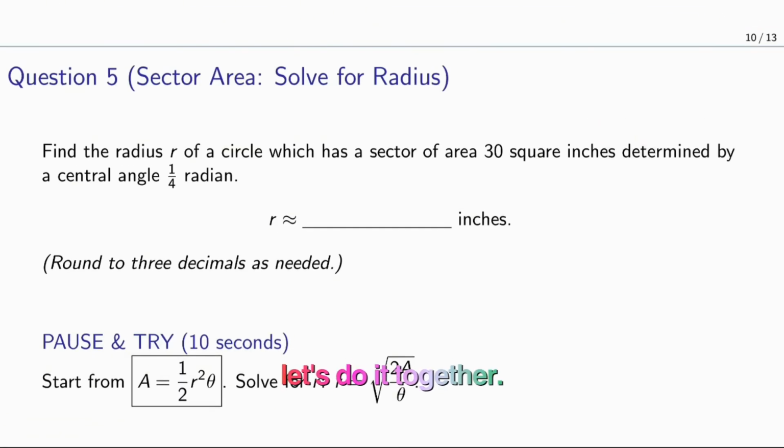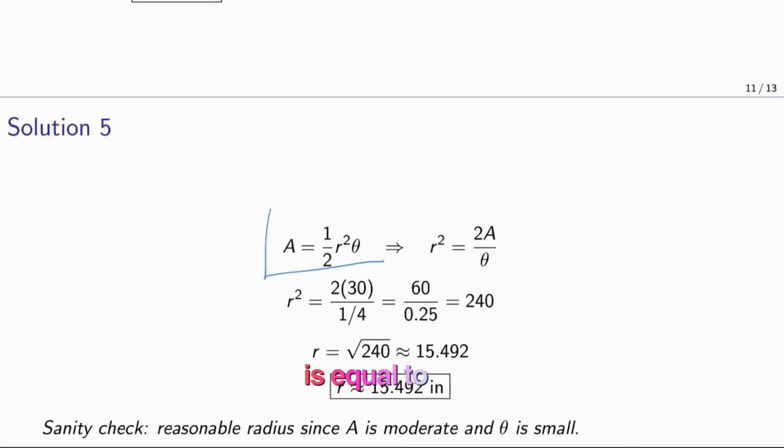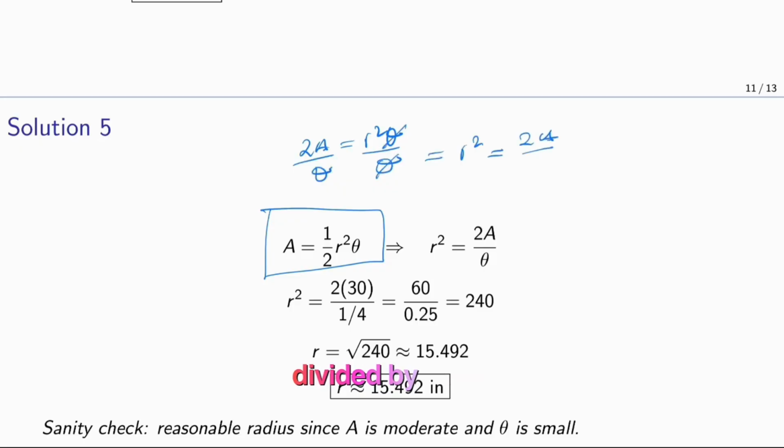Alright, let's do it together. So we start with area is equal to 1/2 r squared multiplied by theta. If we multiply throughout by 2, we have 2A is r squared theta. Then we can divide throughout by theta. Theta and theta cancel, so r squared is 2A divided by theta. Next, substitute.